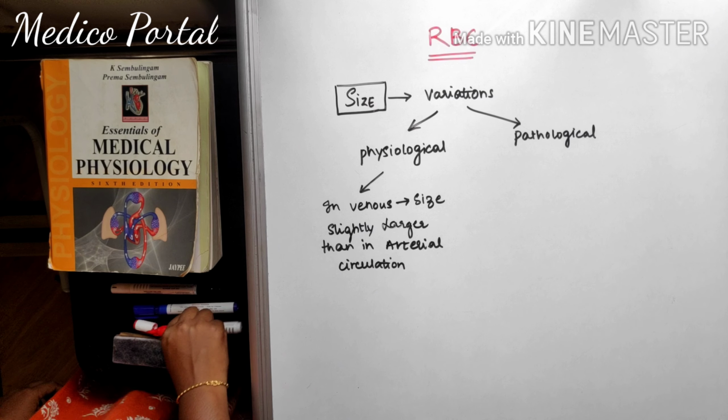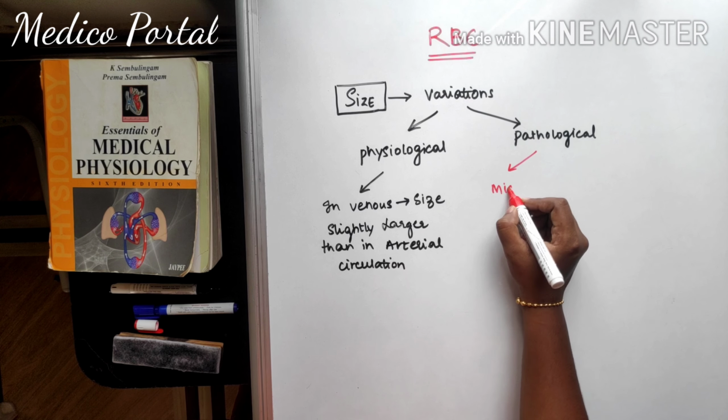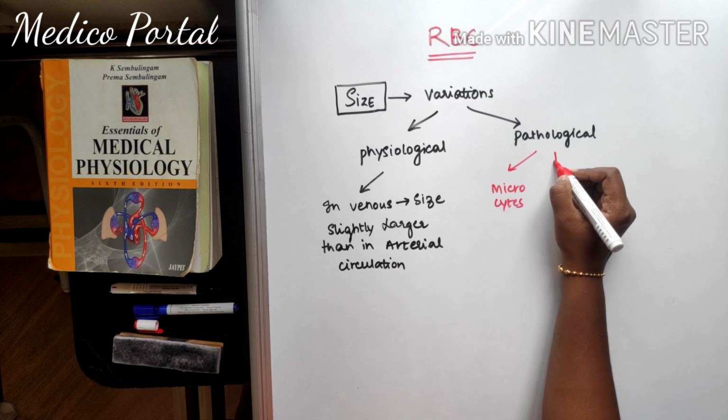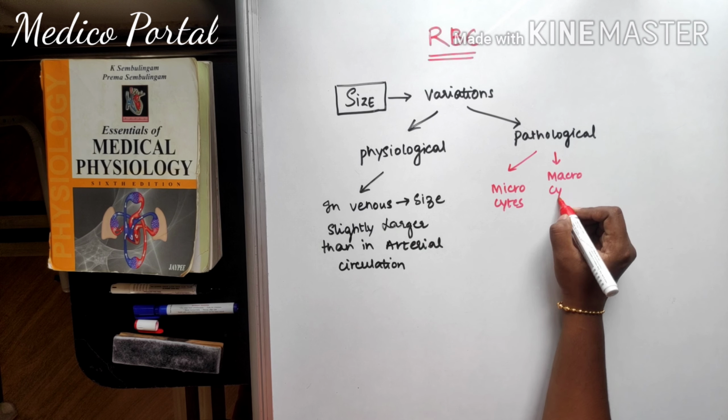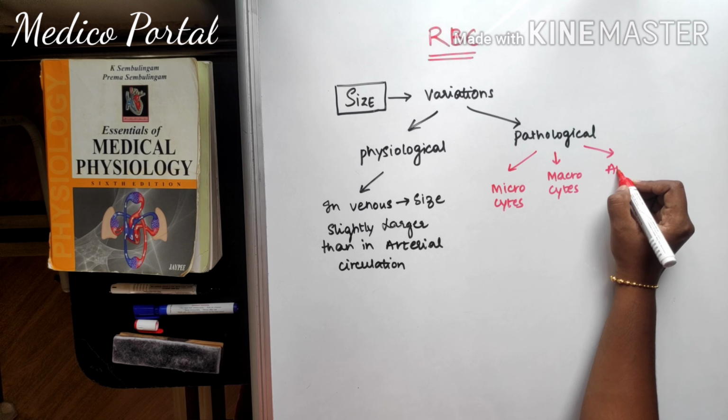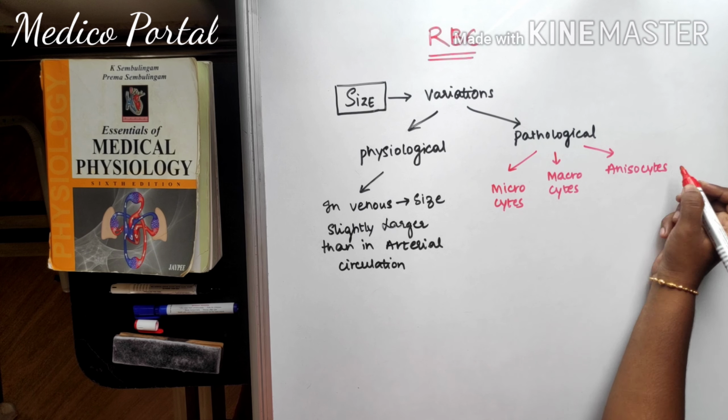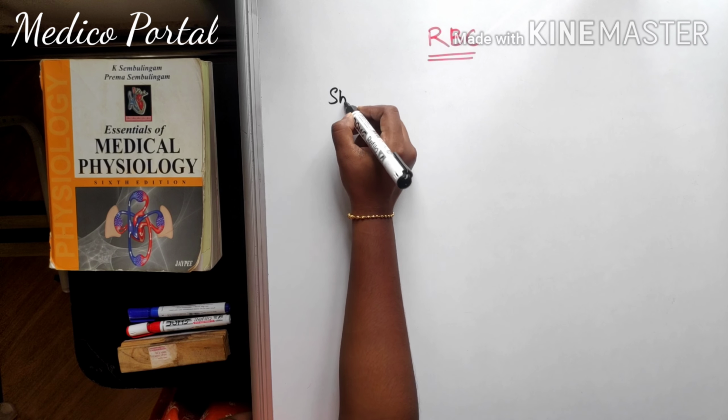This is a physiological variation in size. But coming to the pathological variation, there are three types: microcytes, macrocytes, and anisocytes. These three pathological conditions will be discussed in the later videos.